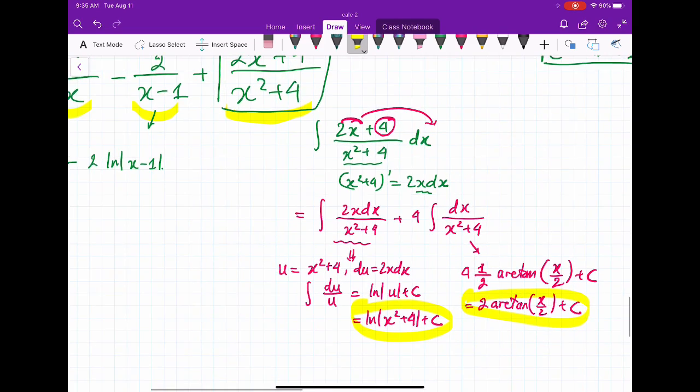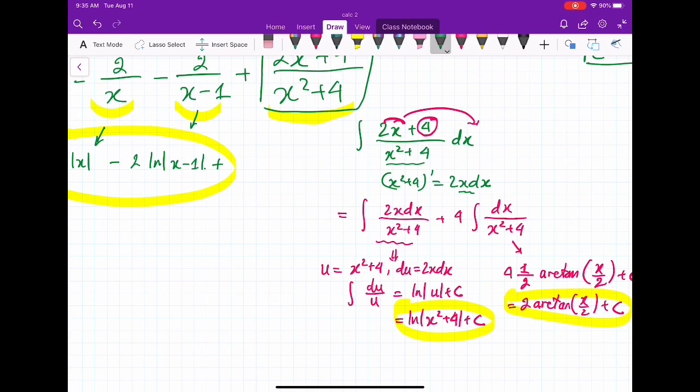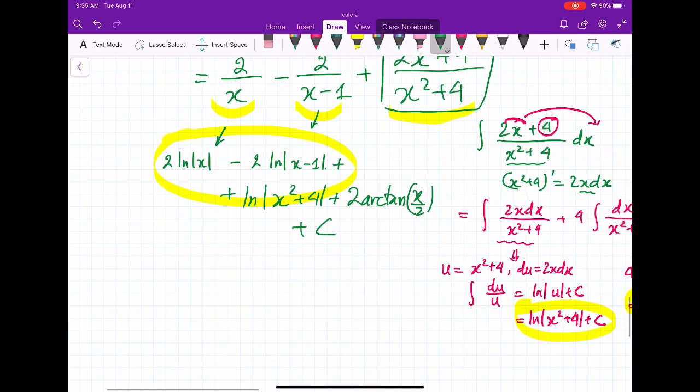This one with all this. So you have the answer is this guy plus ln of absolute value of x squared plus 4, and then plus 2 arctangent of x over 2 plus constant.